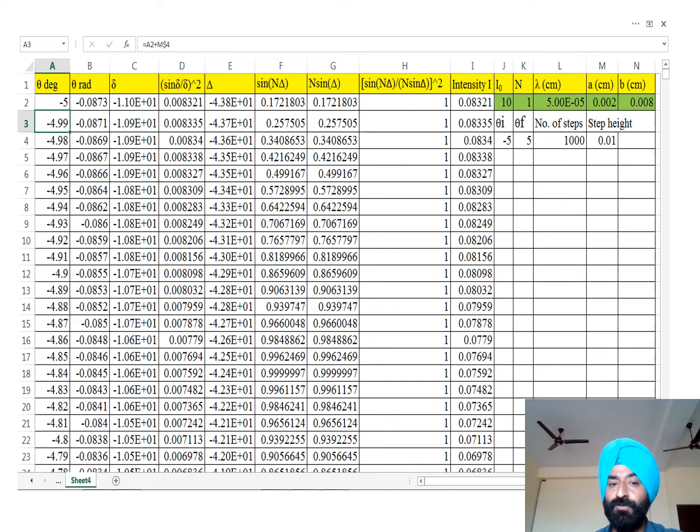Then you calculate the phase capital delta from the successive slits, and you compute sine capital delta and n sine delta to compute the interference term. Then you calculate the net intensity, which is the product of your column D value with the column H value. You can simply use the formula.